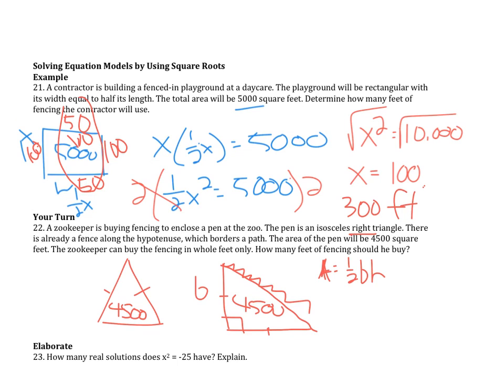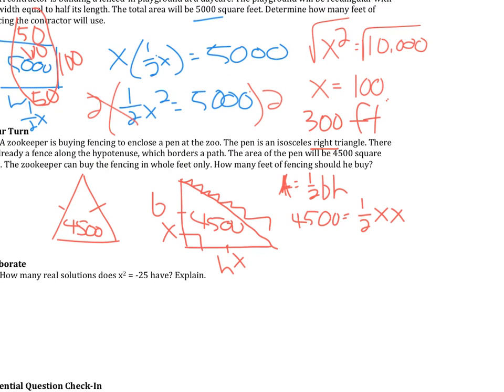Well, this is our base, this is our height, and they end up being the same. We don't know what they are, so we'll call that one x, which means this one has to be x as well. So then my area, which is 4,500, is equal to 1/2 my base times my height, which then becomes 4,500 equals 1/2 x squared.